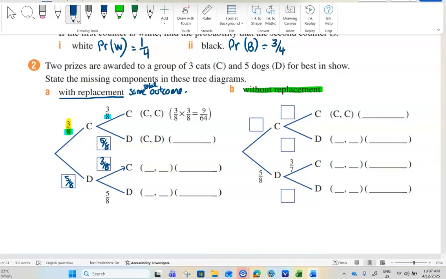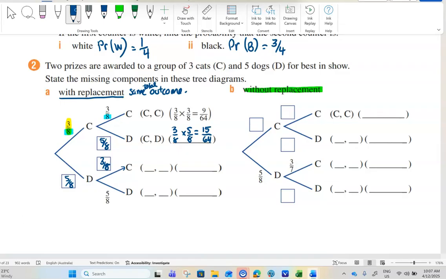So you can see they're working out the probability fraction by fraction. This one would be 3 over 8 times 5 over 8. Remember, with fractions, you multiply across the top. So 3 times 5 is 15, and you multiply across the bottom. 8 times 8 is 64. We can't simplify that, so we'll leave that.